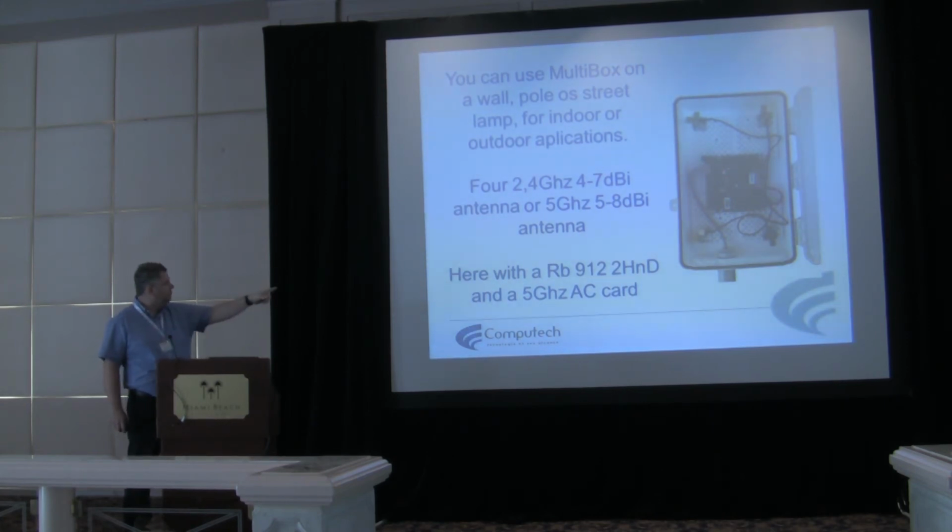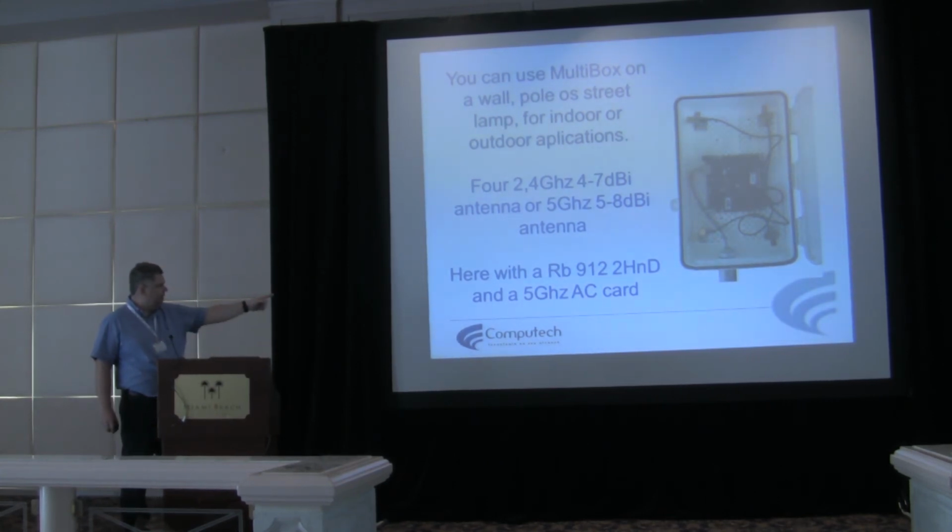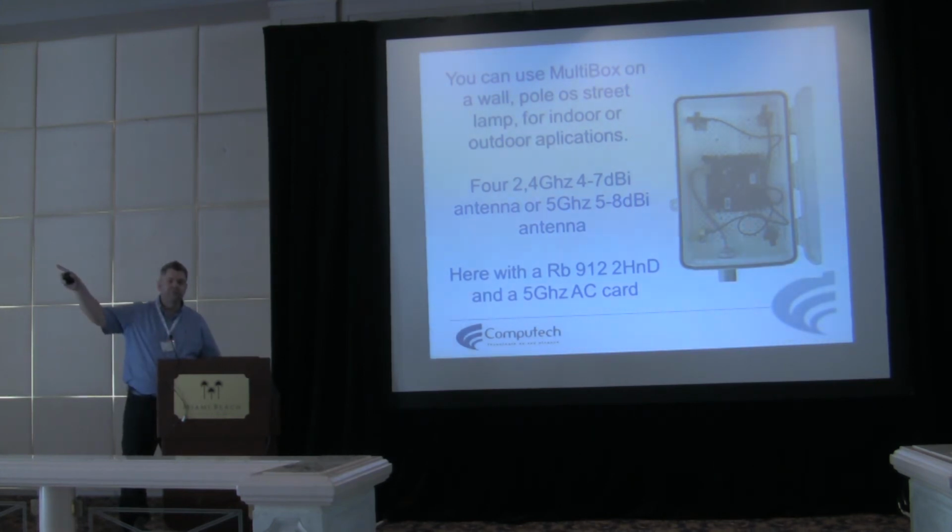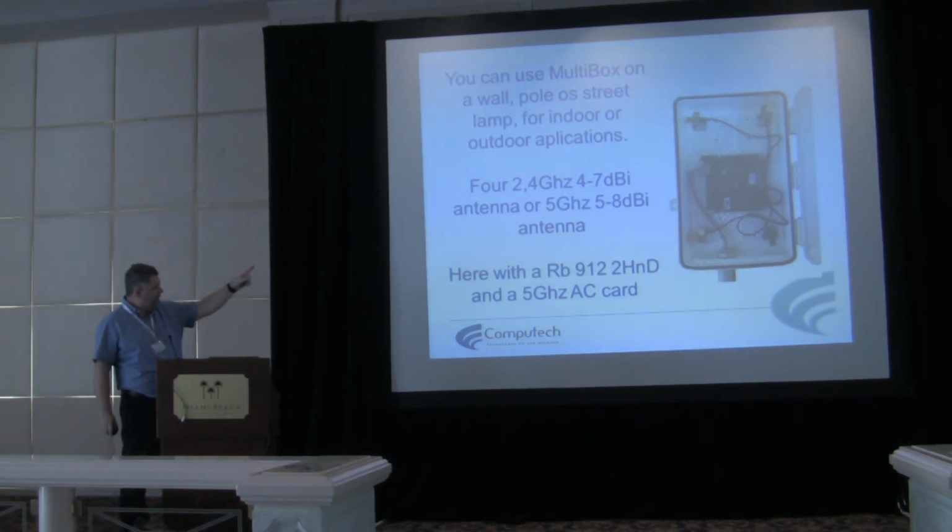Here is the 912 with a 5 gigahertz AC card also. It's in the Ogura booth, you can check. With 2 MIMO 4 dBi antennas in 2.4 and an 8 dBi antenna in 5.8.